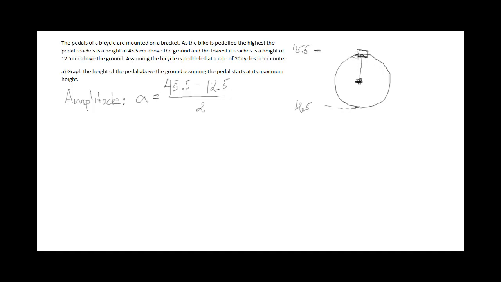Because the highest minus the lowest gives you the distance from the top to the bottom, and if you divide by 2, that will give you what you're looking for. So this would be 16.5.